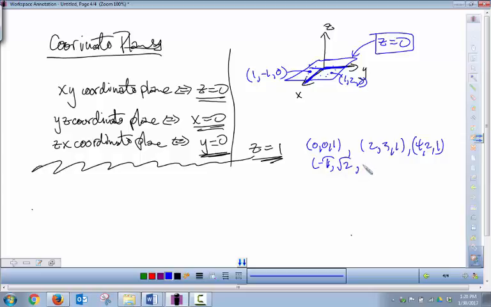Square root of 2, 1. Okay, so notice that these are all points that we can take a look at. They have different x and y values, but the z is always going to be equal to 1.